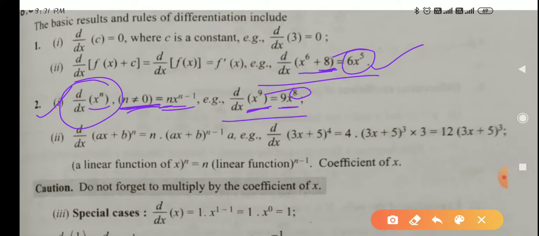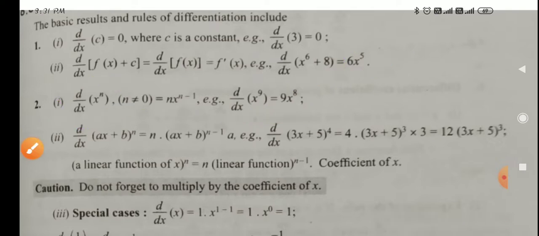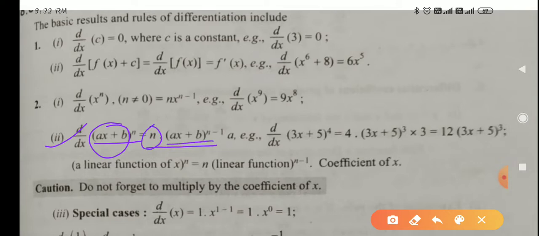Next, they are taking d upon dx of (ax plus b) to the power n. So for (ax plus b) to the power n, in your mind you have to take ax plus b as x. So for x to the power n, you know it is n x to the power n minus 1. But now, since you took ax plus b as x, in place of x you have to write ax plus b.